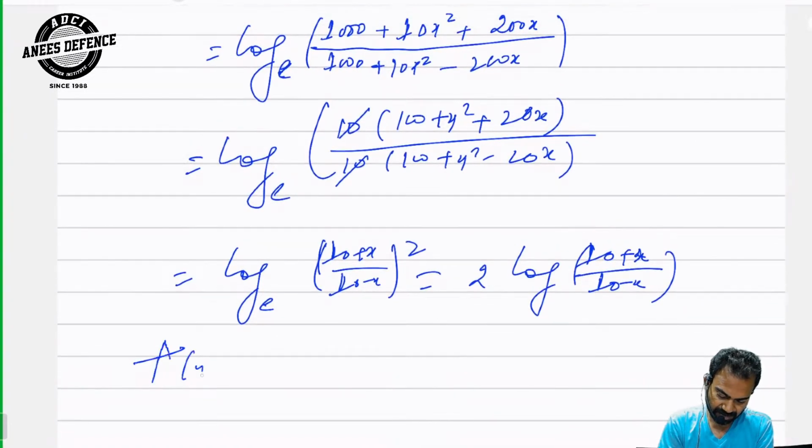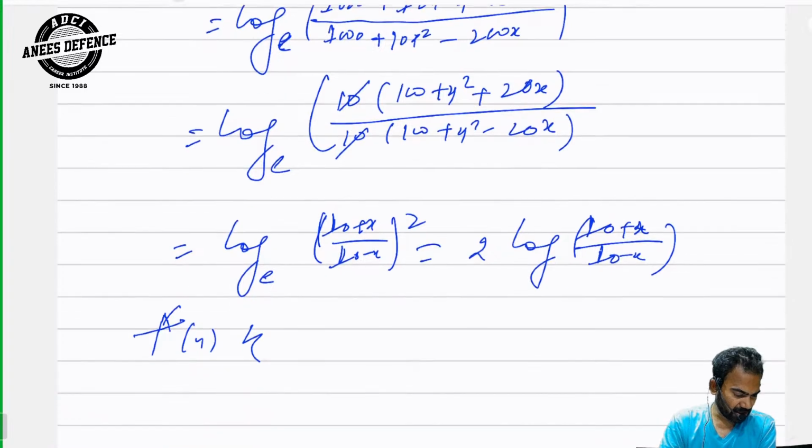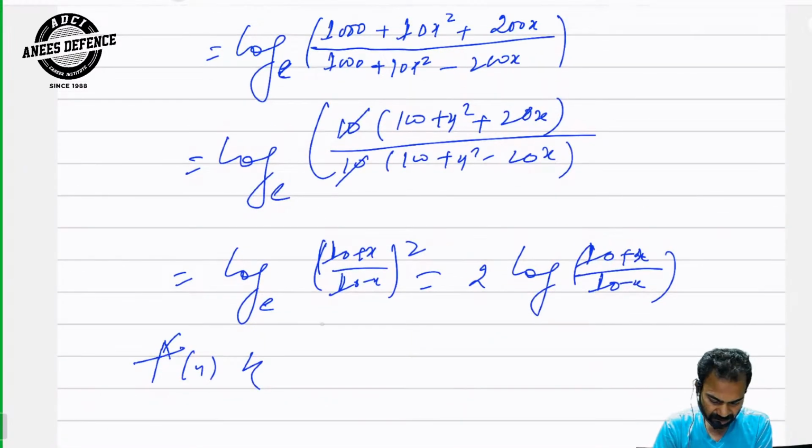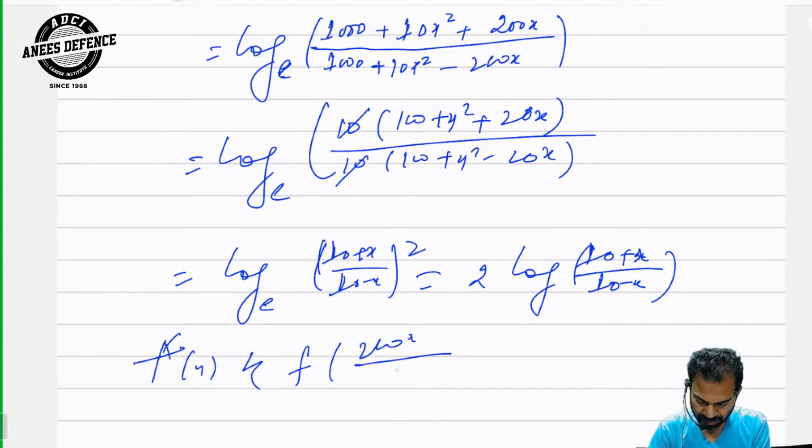Now I'll put in the equations. f of x equal to k times f of 200x upon 100 plus x square.